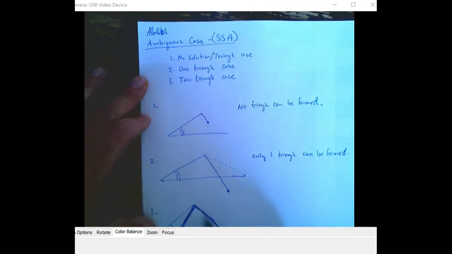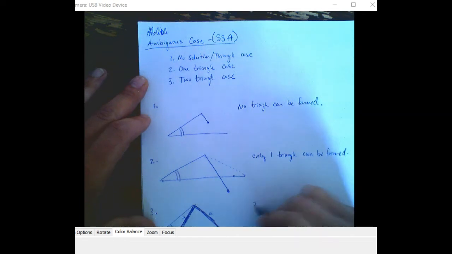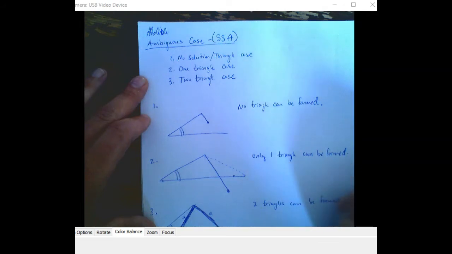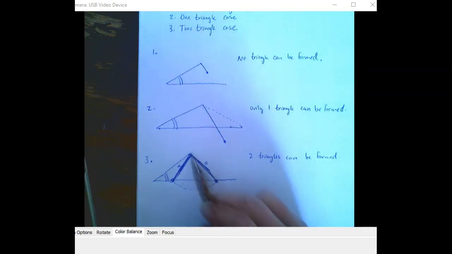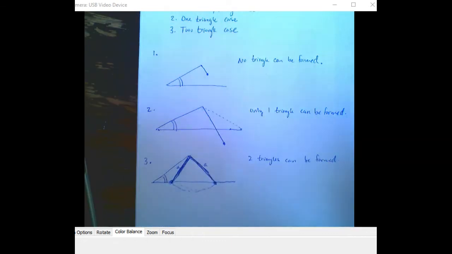So we could get this bigger triangle overall, or we could get this smaller kind of sliver of an oblique triangle over here, where this is the same value as that. Okay? So we could have two triangles formed. So we always want to test this side length here and this side length here. It's possible that we could create two triangles, one big overall triangle here, or one smaller triangle there. Okay? So we always want to check that. So let's look at an example.